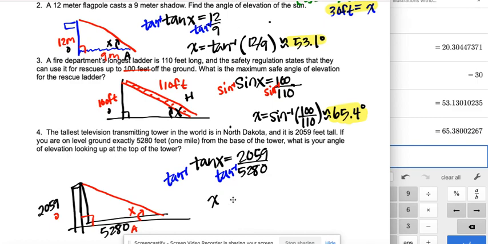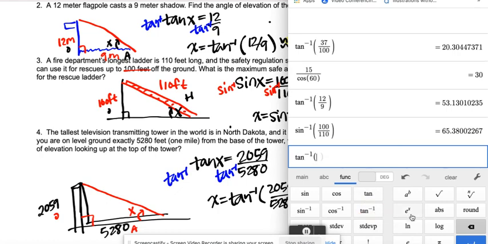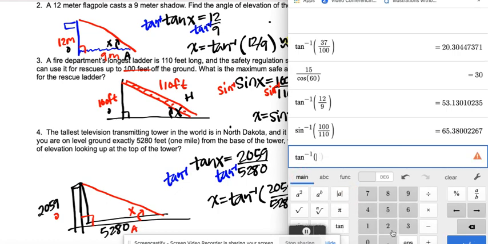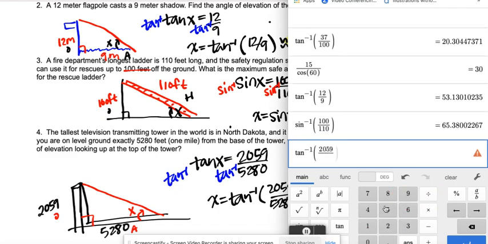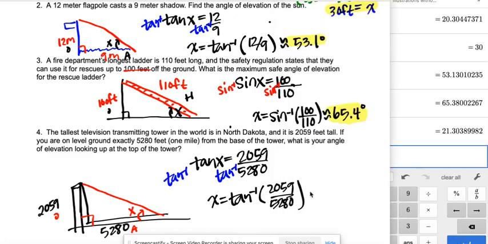That'll leave us with X equals the inverse tan 2,059 over 5,280. Inverse tan 2059 divided by 5280. We get 21.3 degrees.